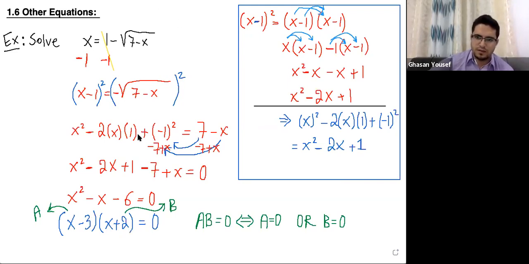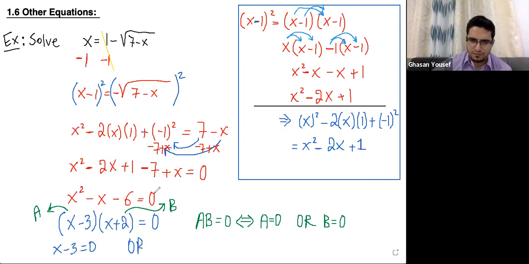So my a here, x minus 3 equals 0, or x plus 2 equals 0. When x minus 3 equals 0, I add 3 to both sides.